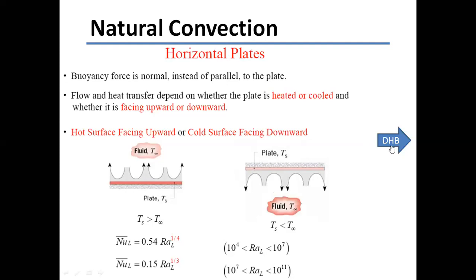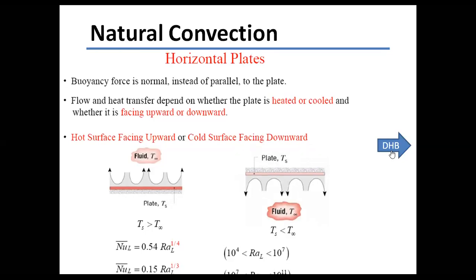So for that, you can go to the data handbook. Here, hot plate: upper surface heated or lower surface cooled, then the equations are the same. Whether it is a hot surface facing upward or a cold surface facing downward, in either case the equation is the same.